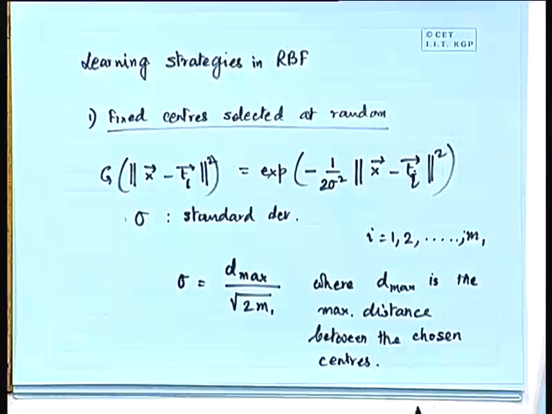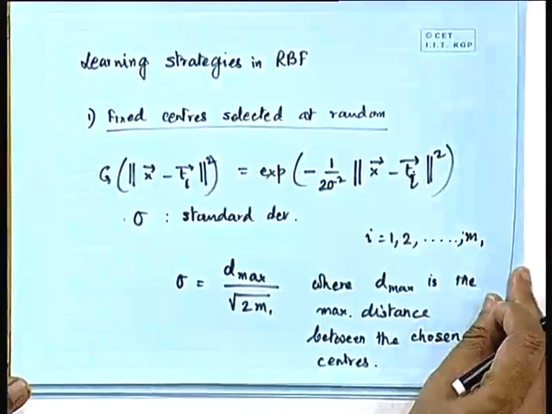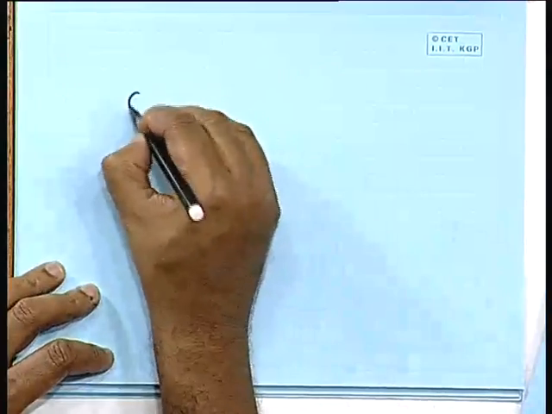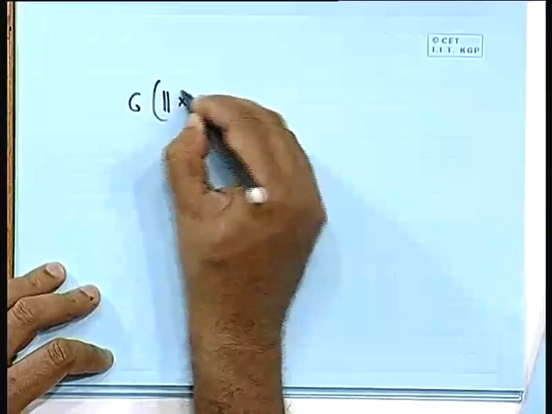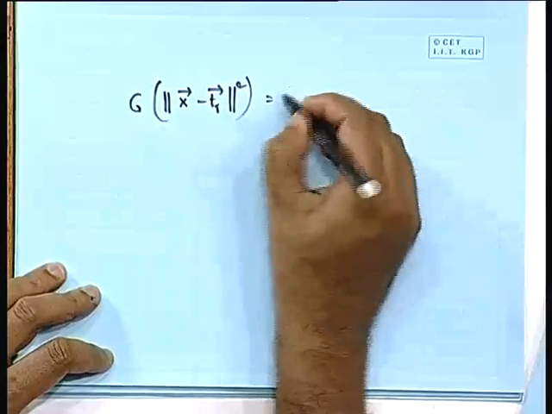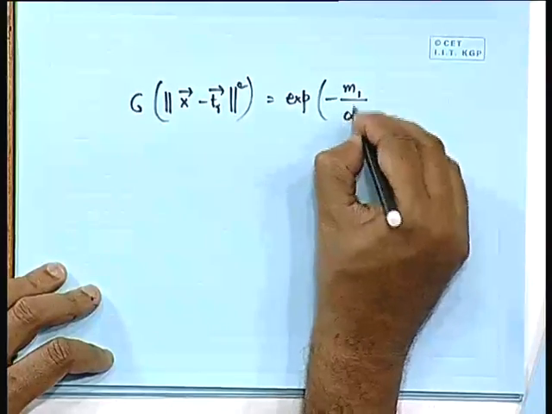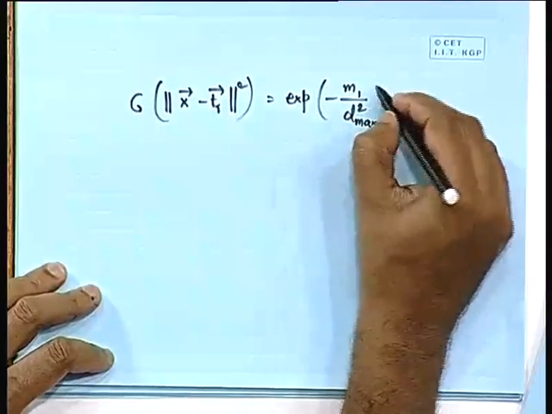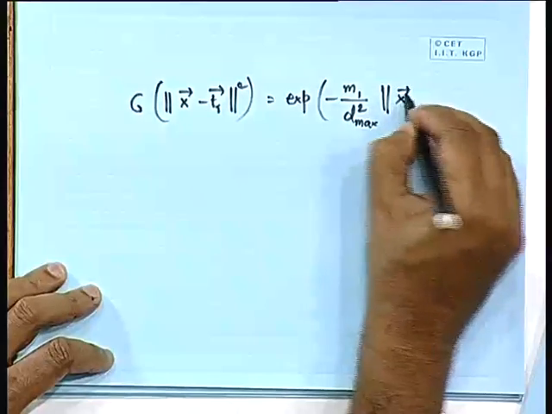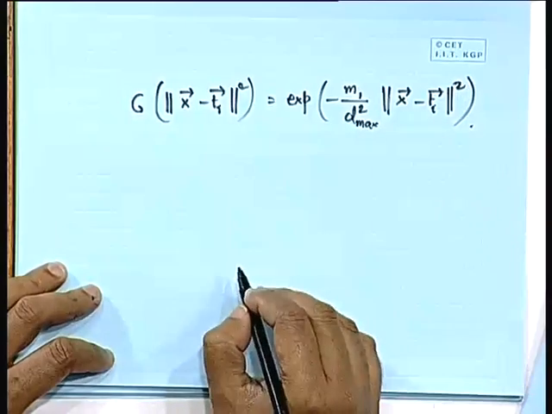If we apply this definition of sigma, then the Gaussian function we use can be expressed as g of norm x minus ti whole square is equal to exponential to the power minus M1 by d max square times the Euclidean norm of x minus ti squared.